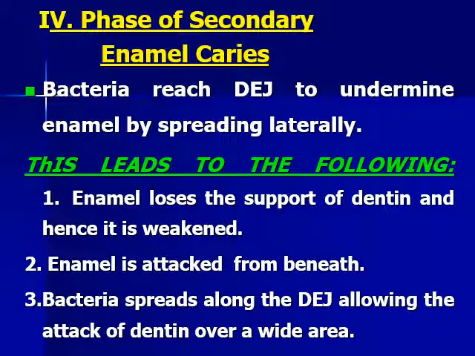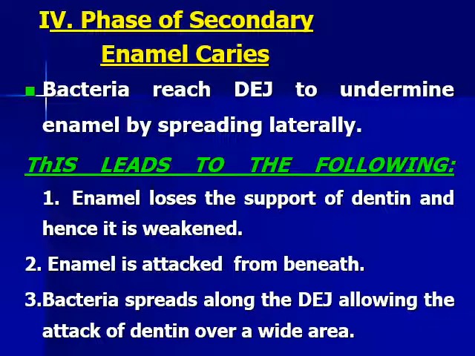So in this phase, the bacteria spreads more quickly and faster at the amelodentinal junction. The reason for that is that the amelodentinal junction is less calcified, contains more organic substance, and so it allows the bacteria and the acid to spread laterally.